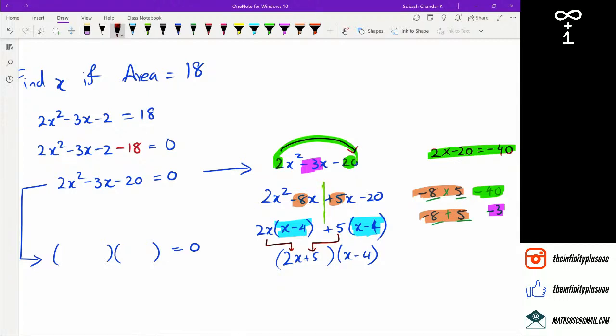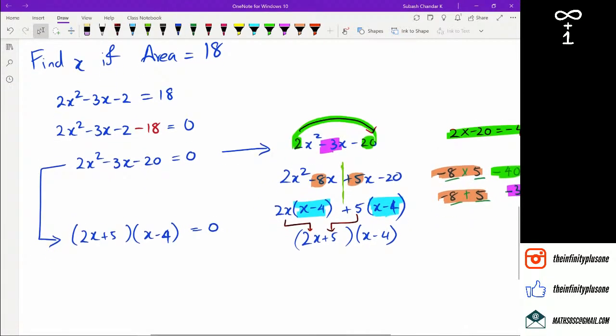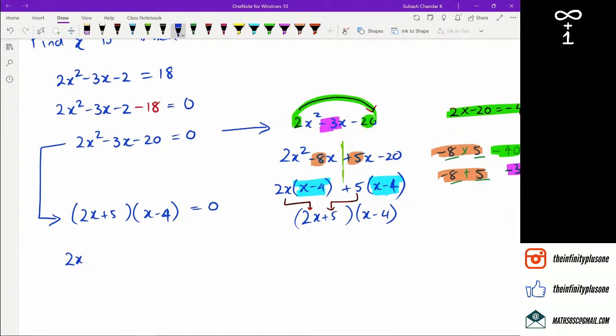At this point, I've got my two brackets. So I've got 2x plus 5 and x minus 4 equals 0. My next step is to say 2x plus 5 equals 0, or x minus 4 equals 0. In my first case, I've got 2x is equal to minus 5, because when I take the 5 to the other side, it becomes minus.